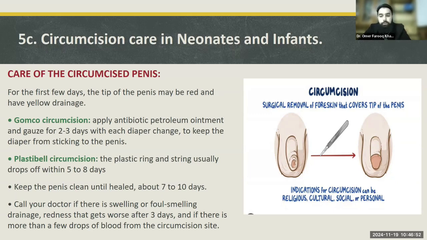And the smaller the baby is, the easier the post circumcision time for the mother is. So circumcision should be done within 3 months of age. It is easier for the baby, it is easier for the mother, and the healing is very fast during the first 3 months of life.